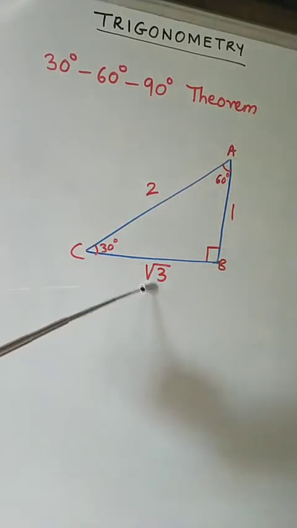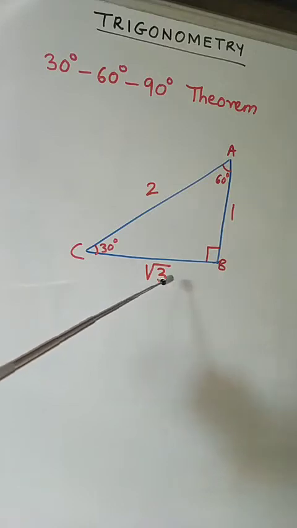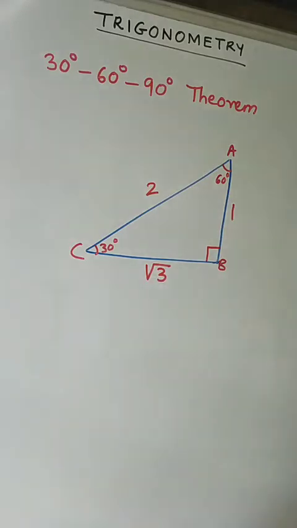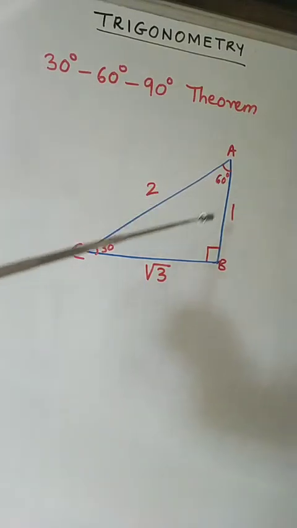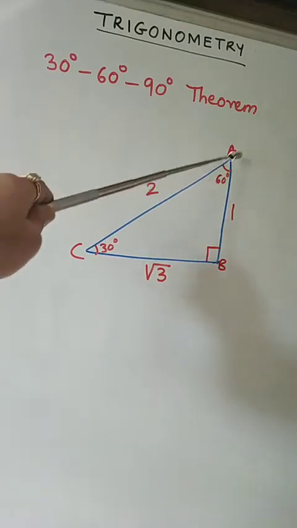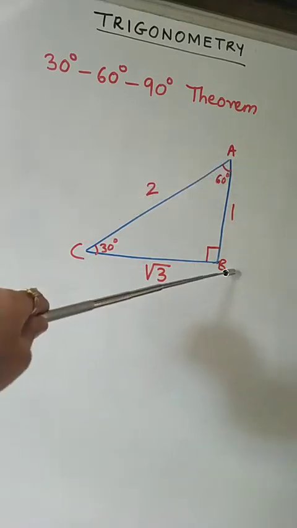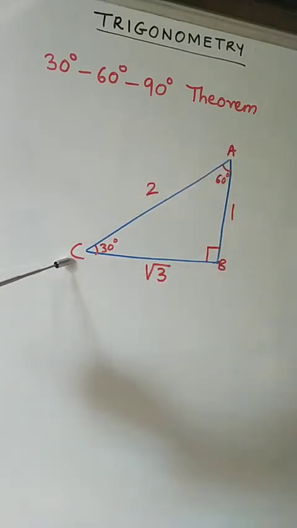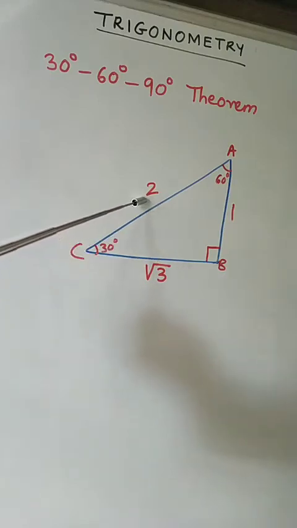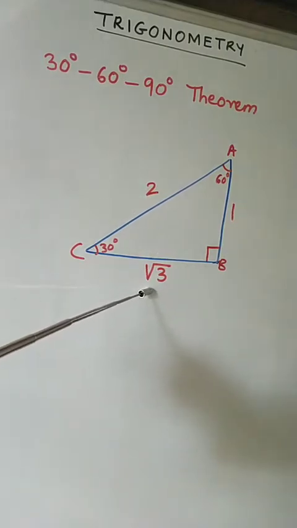How did we get root 3? Root 3 we got by using Pythagoras, or there is one more part of this 30, 60, 90 degrees theorem. Side opposite to 60 degrees, that is this BC, is root 3 upon 2 times the hypotenuse. So if you do root 3 upon 2 into 2, you will get root 3.